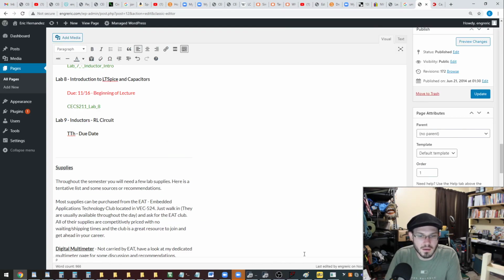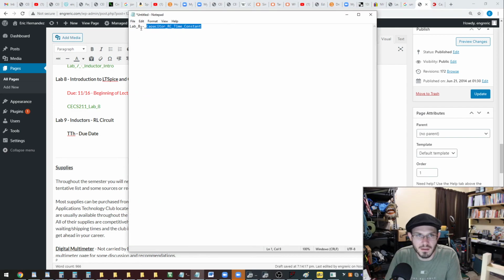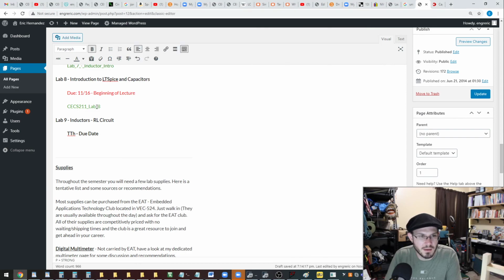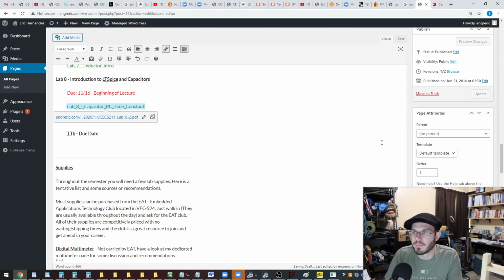And that's the voltage of the capacitor, correct? Yeah. Okay, cool. That should be updated.